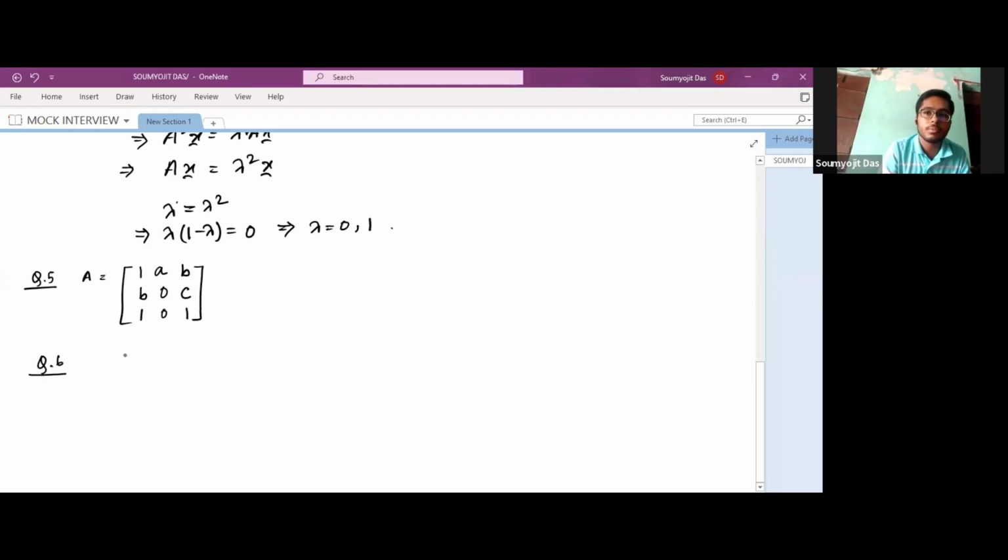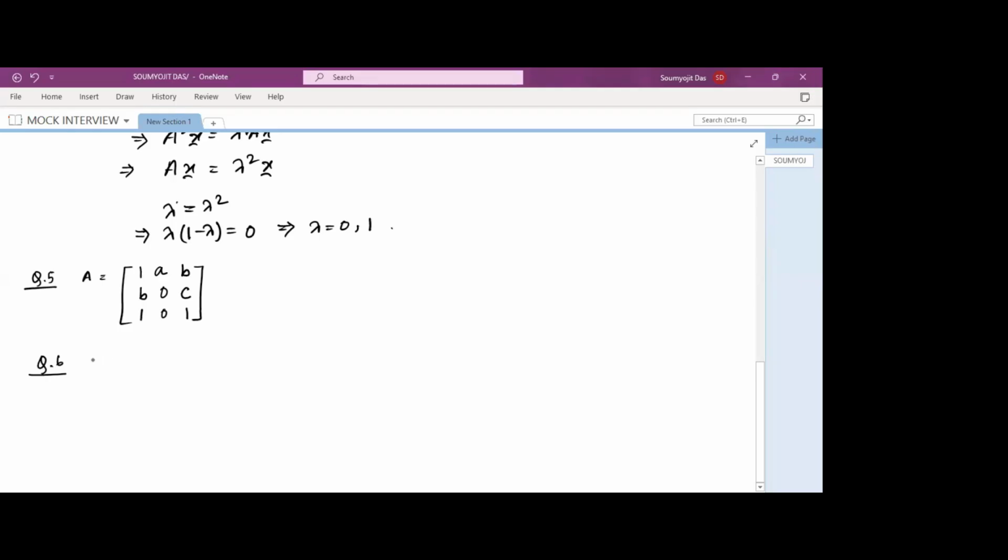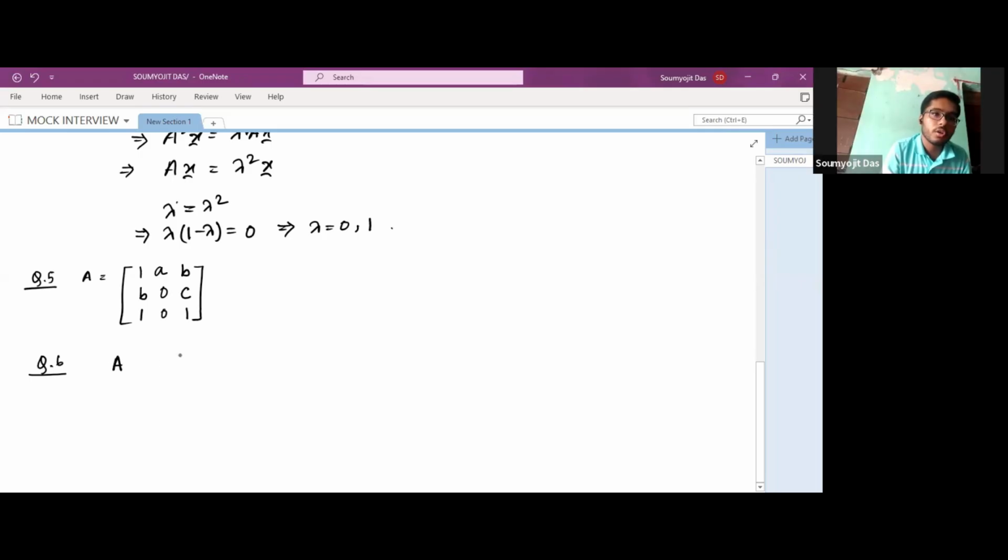Sir, can I write something on the board? Yes, sure, you are free to write anything. Okay, sir. If A is the idempotent matrix, then we can find a matrix Q such that Q transpose A Q equals D, where D is a diagonal matrix consisting of the eigenvalues on its principal diagonal.